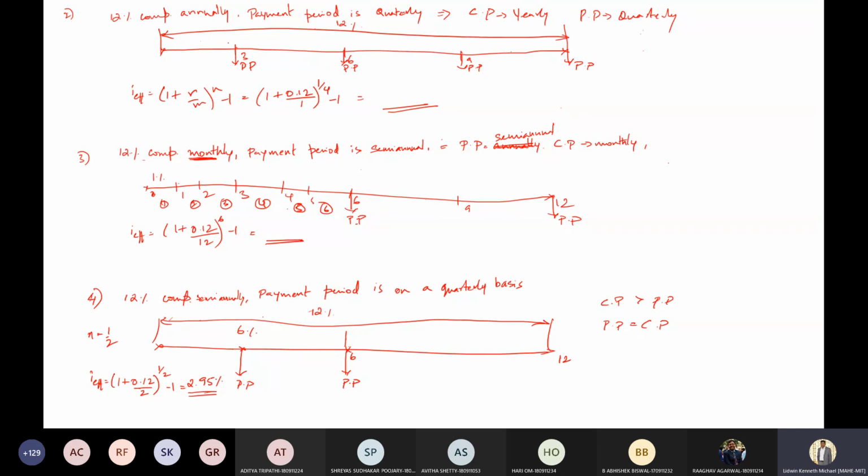You'll be confused. Worst case, draw the cash flow and try to identify what it is. That's why I'm showing with the help of the cash flow, so that it is very clear and easy to understand. If you're clear with this, we will take up the numericals from the next class onwards. So how many of you have got the answer for this?